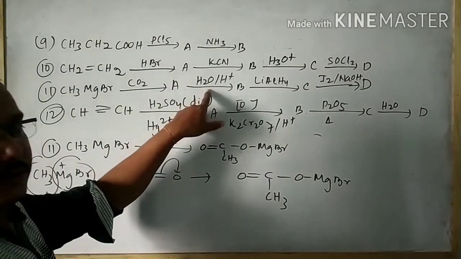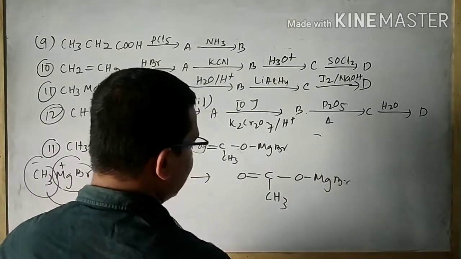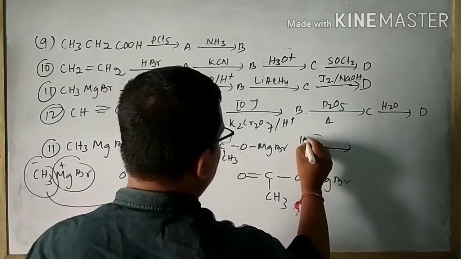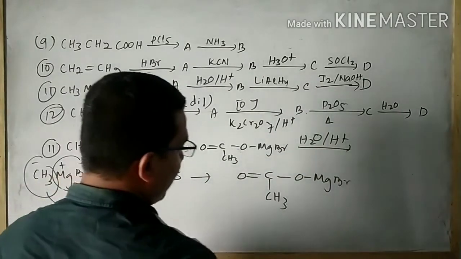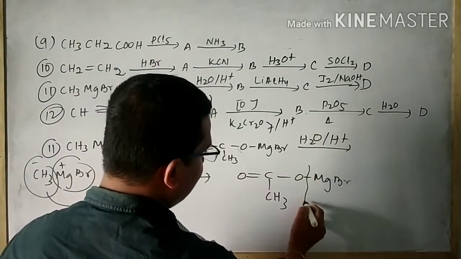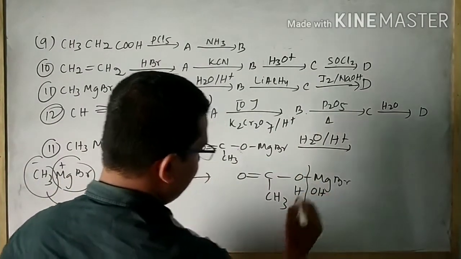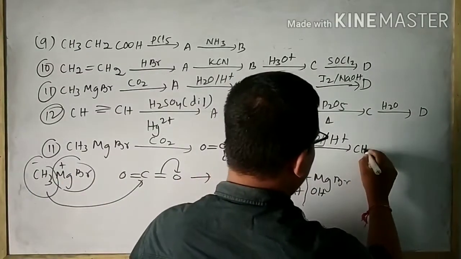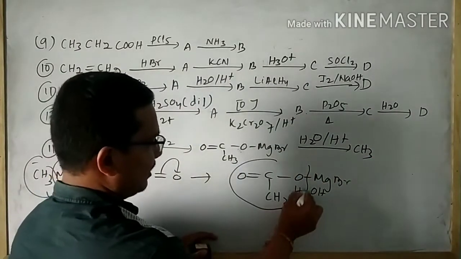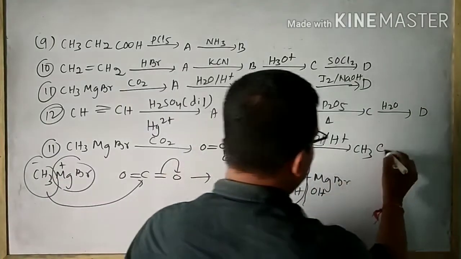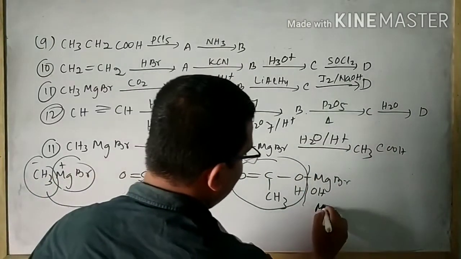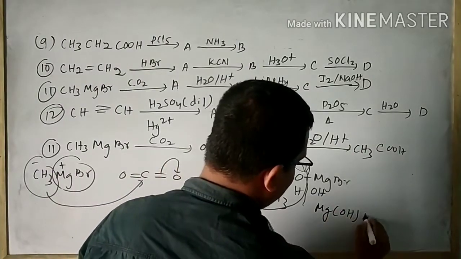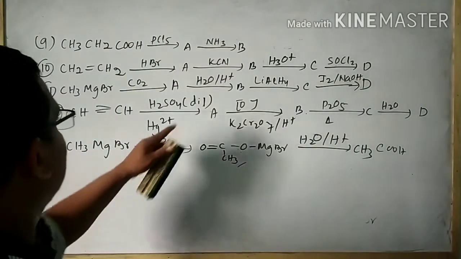Now it is subjected to acid hydrolysis, H2O, H plus. So I will break here H, another is OH. That means this is said to be acetic acid, CH3COOH. And the byproduct is MgOHBr.